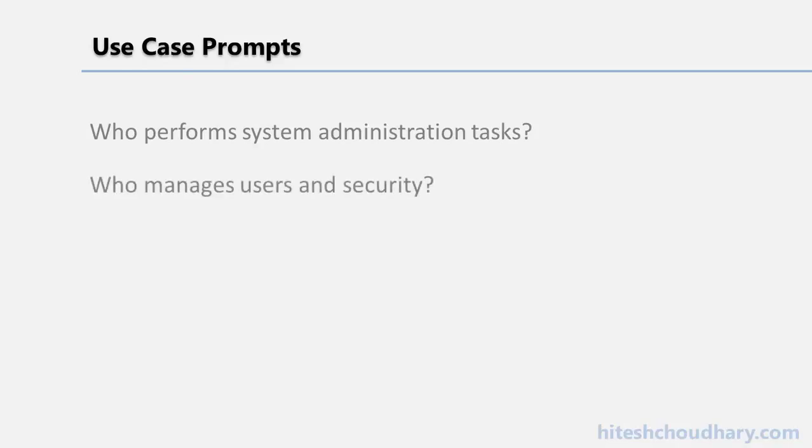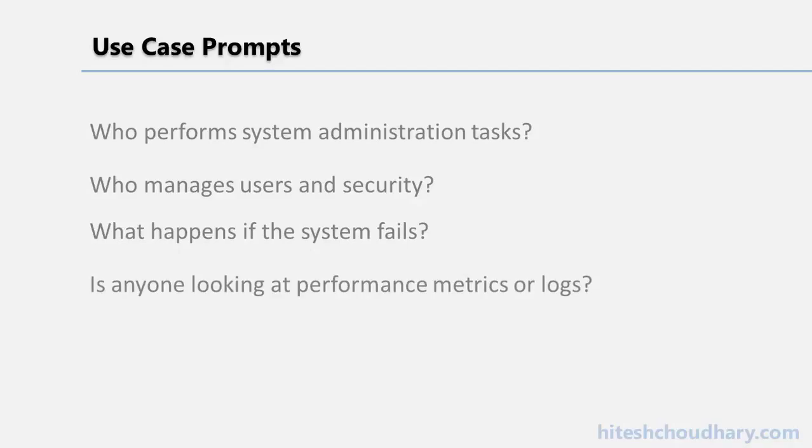Who manages users and security, particularly if you have role-based actors? What happens if the system fails? While the person who reacts to this may not be a classic user, they are certainly an actor. Is anyone looking at performance metrics or system activity or logs?